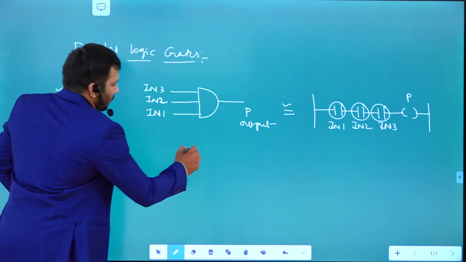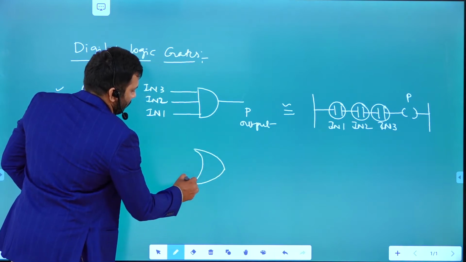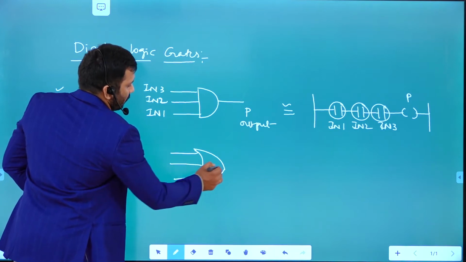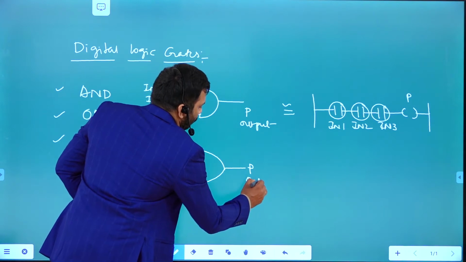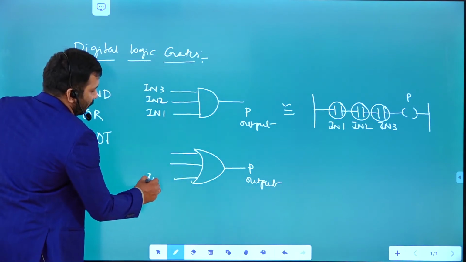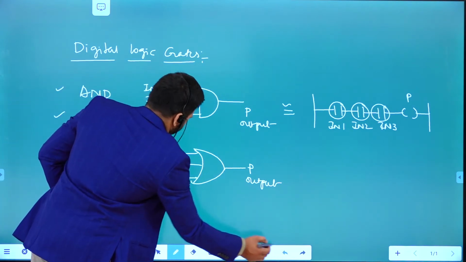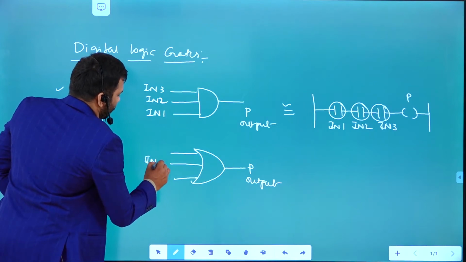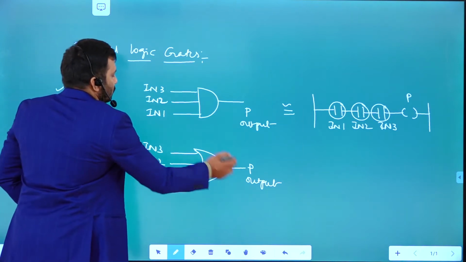In a similar way, this is the basic circuit of the OR gate for 3 inputs. The output is once again P. If any one input is 1, then this output is going to be 1.